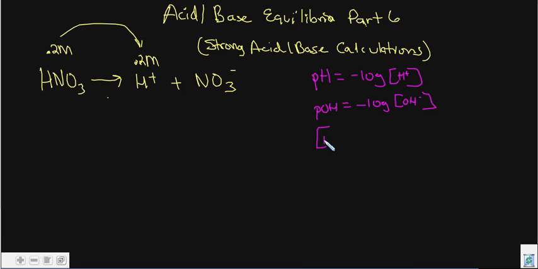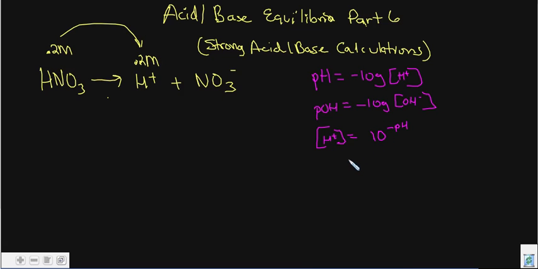Well, the concentration of my hydrogen ions is going to equal the antilog of the negative pH, and the hydroxide ion concentration is going to be the antilog of the negative pOH.